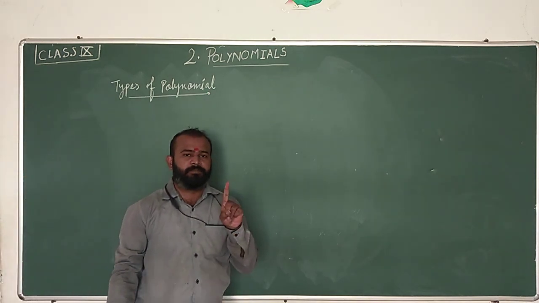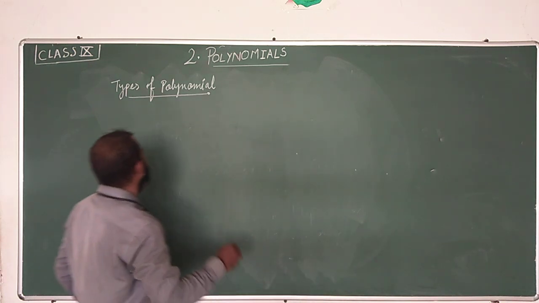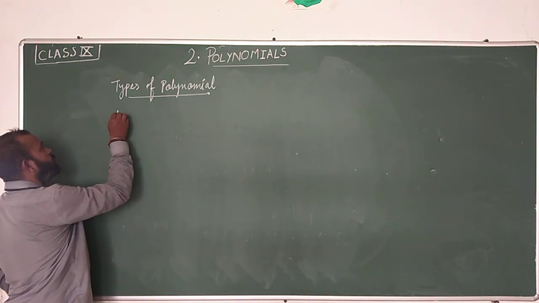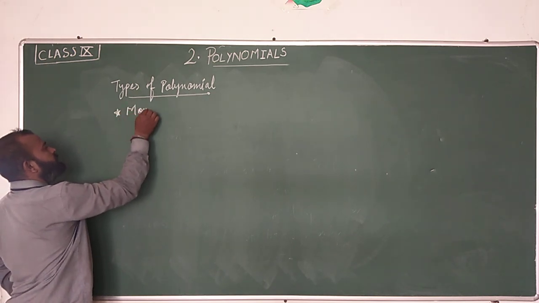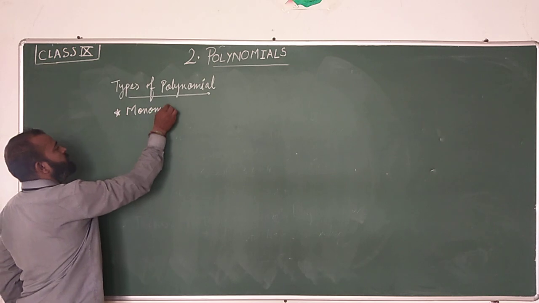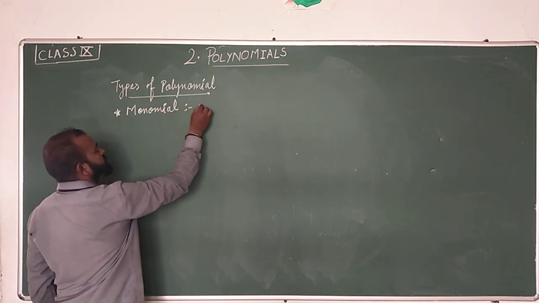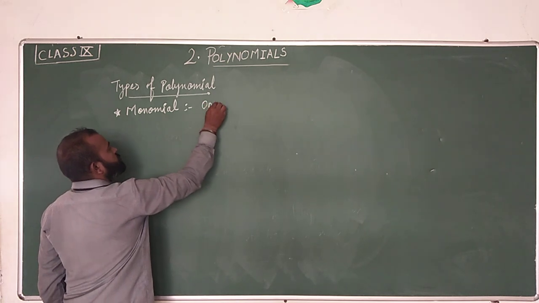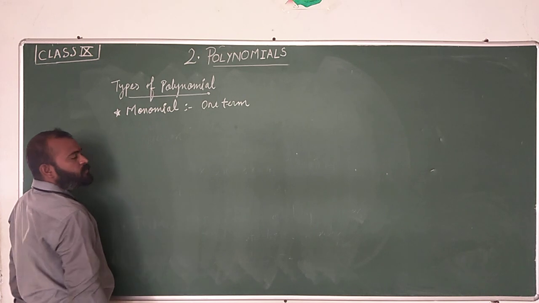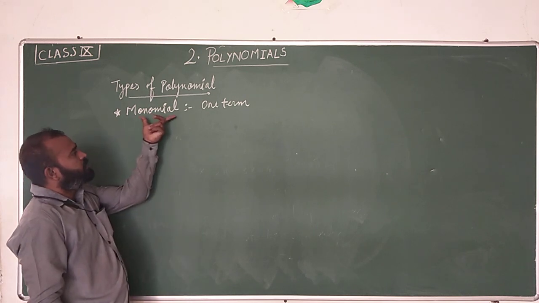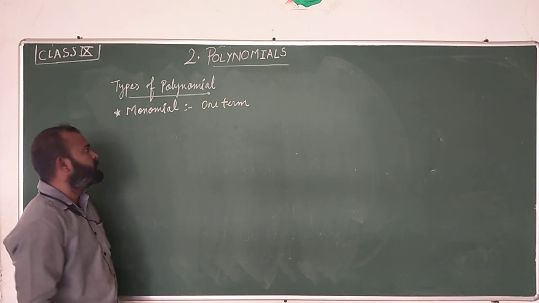Only one term. The polynomial having only one term is called monomial.